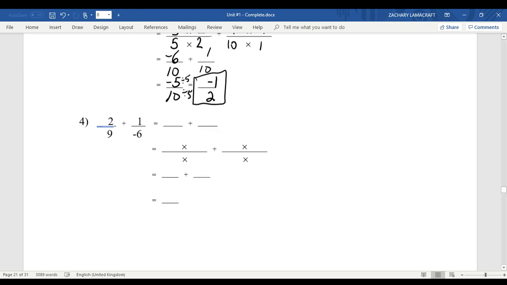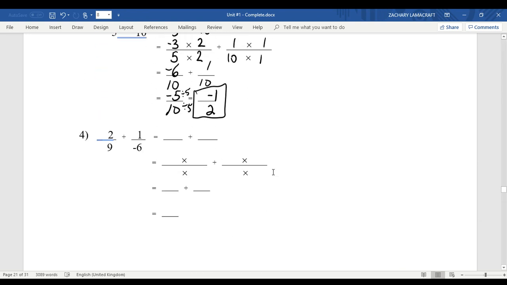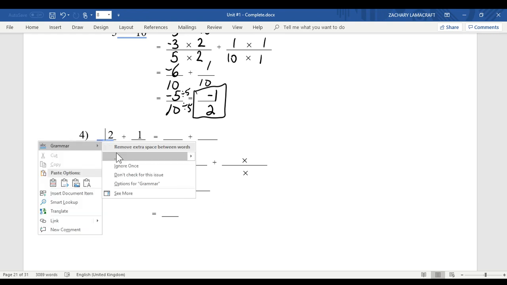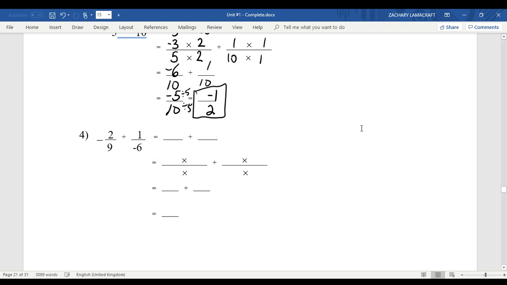All right. The next one is where we're going to see a little bit of some change here, okay? So I just got rid of the blue line. So what did I say we have to do when we have that negative sign in front of the fraction there? What do we have to do? Yeah, so move it to the denominator. And then how about the second one there? What do I got to do? Sorry, move it to the numerator.